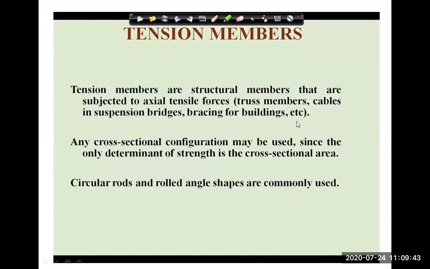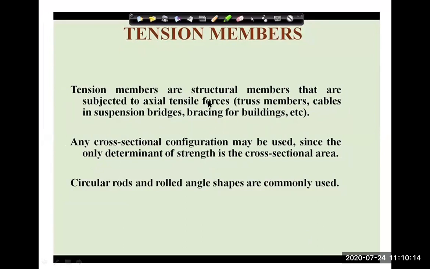Now, what are these tension members? Truss members, those members in the truss, are tension members. Then cables in suspension bridges. You have seen a suspension bridge? Maybe in movies or in some sketches. Has anyone seen an actual one? Then bracing for the building.